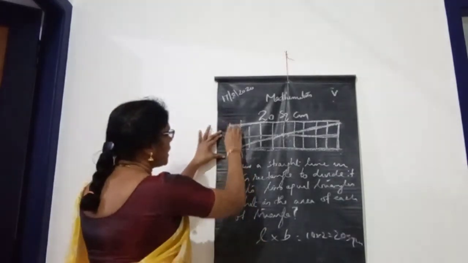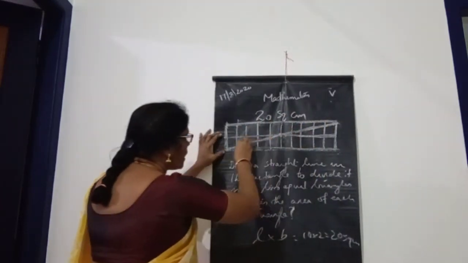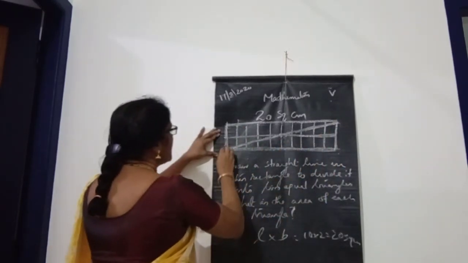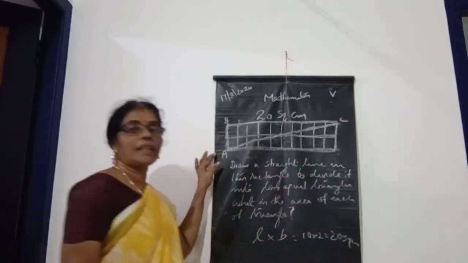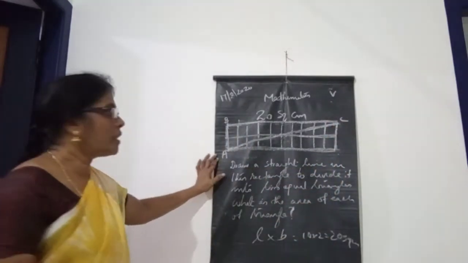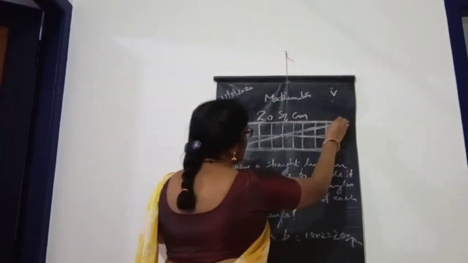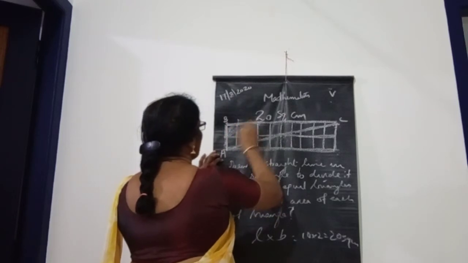Then that straight line divides this rectangle into two equal triangles. You can look here. Yes, A, B, C, that is a triangle, isn't it? That is one triangle.